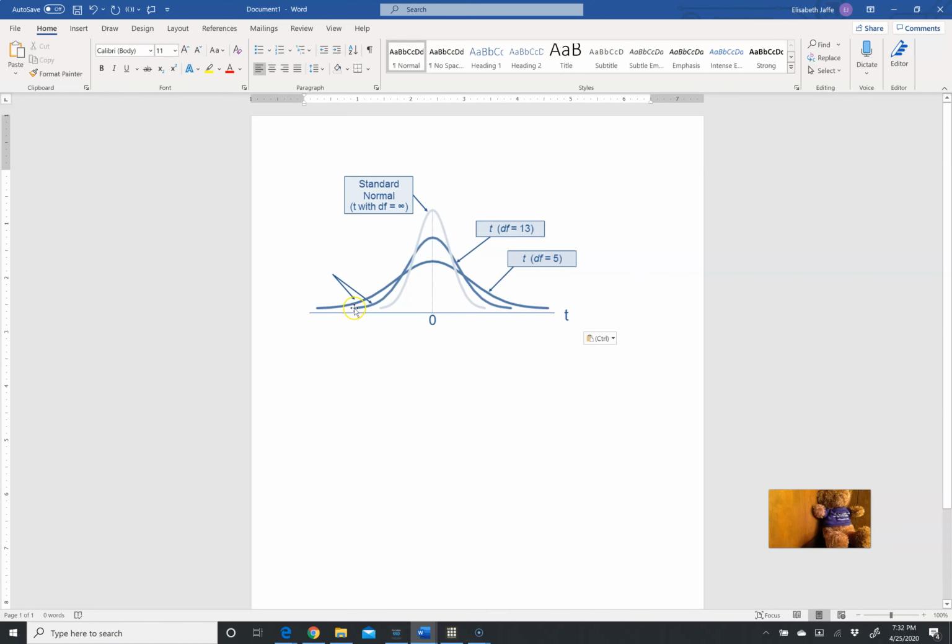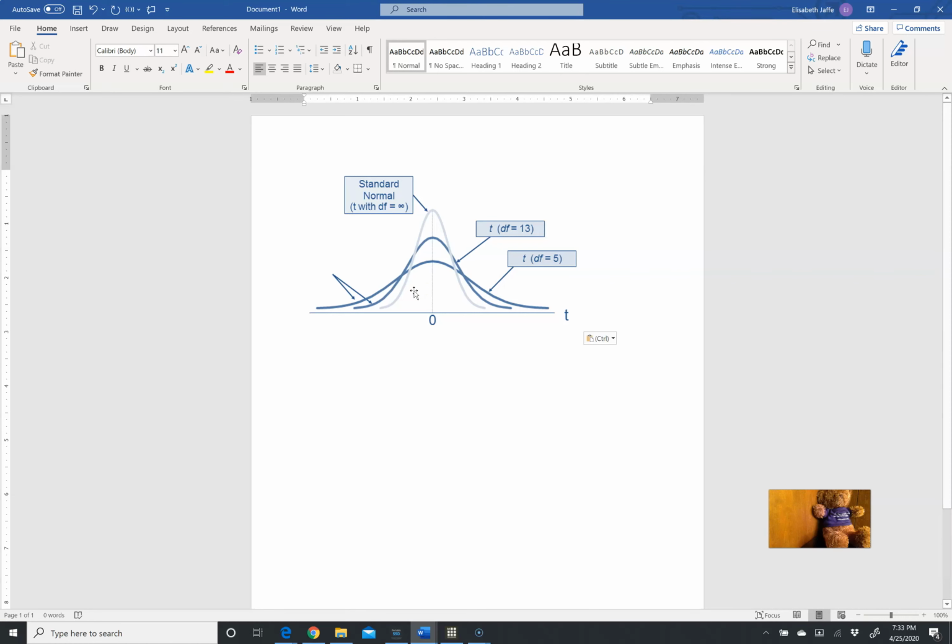So the tail gets lower for the degree of freedom of 13, and the peak gets higher because it's approaching the normal curve. So the normal curve is like the highest degree of freedom that could exist, and its tails are the lowest. Let me restate.